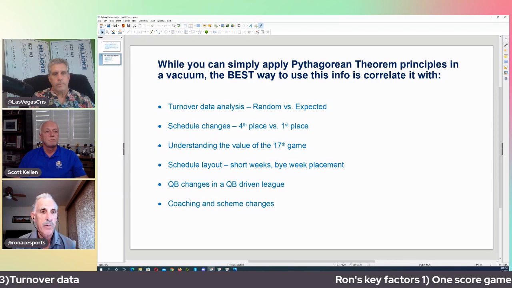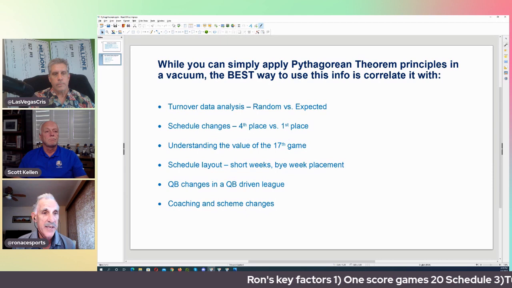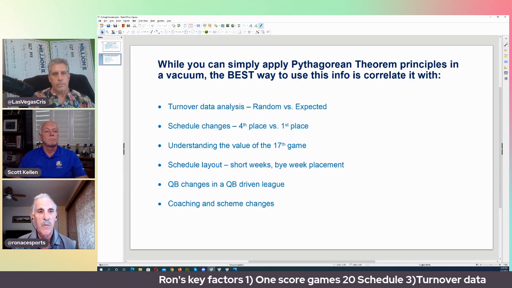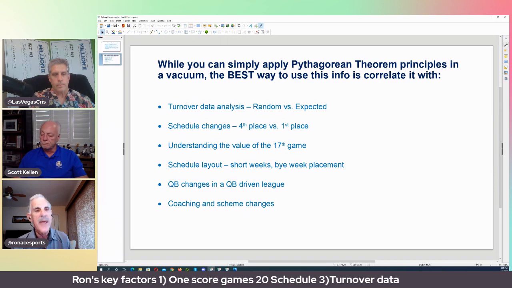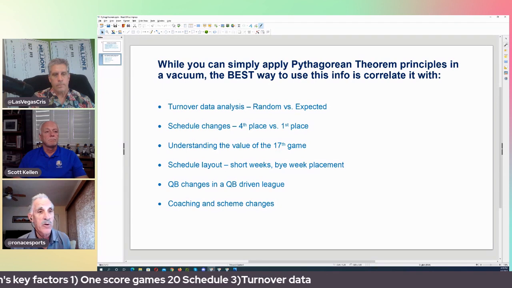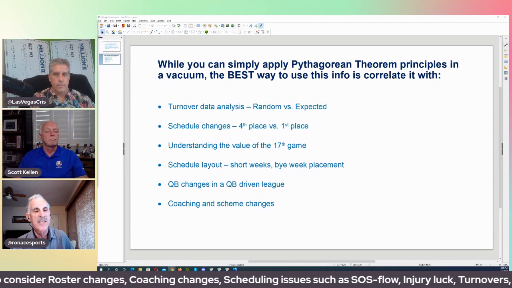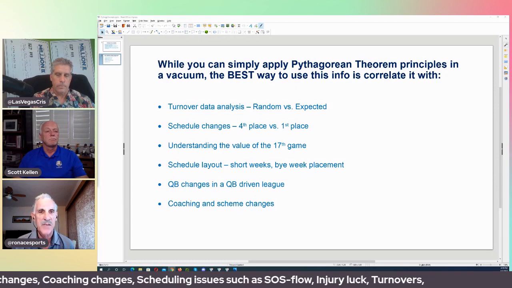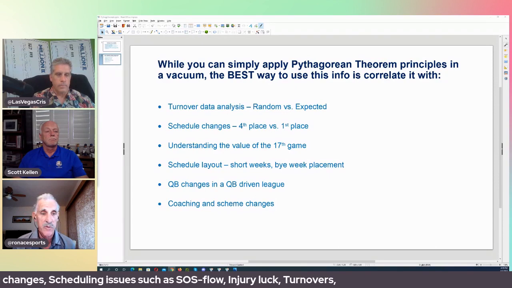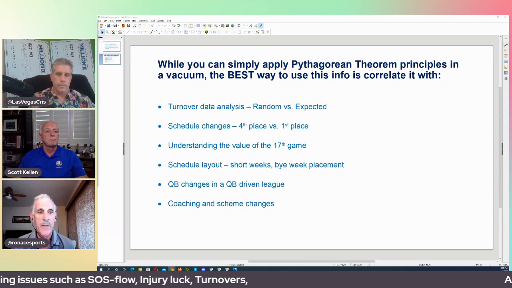And then more primetime games, more short weeks. If that slides them into regression, they weren't as good as what the record said. Now they're going to have some schedule issues and maybe some turnover issues. That's the triple whammy.